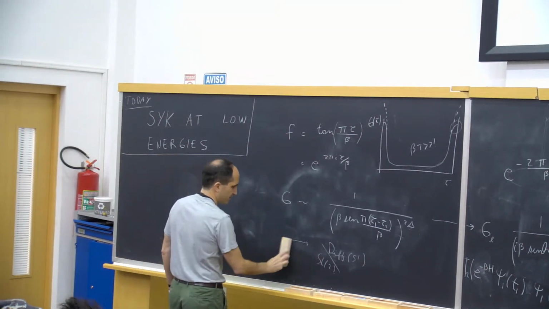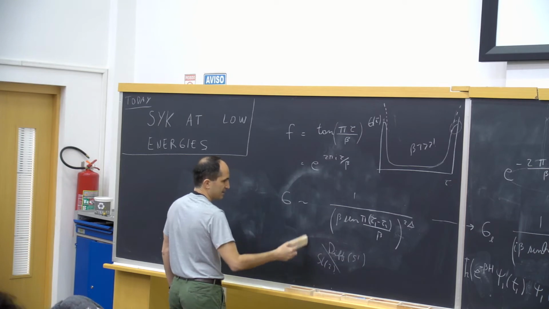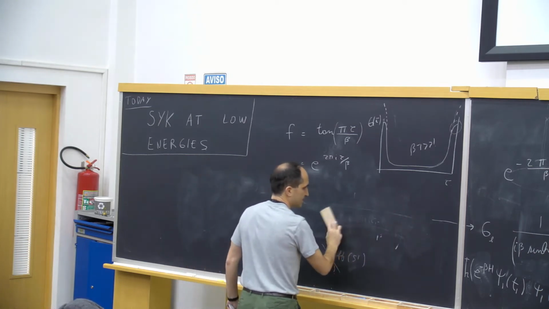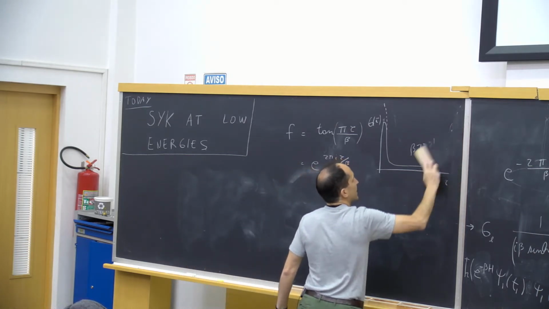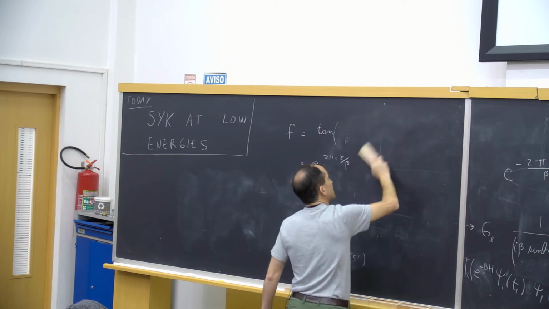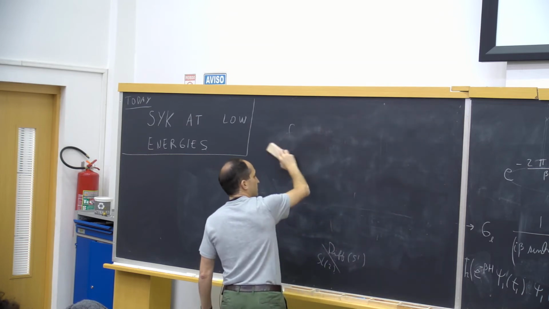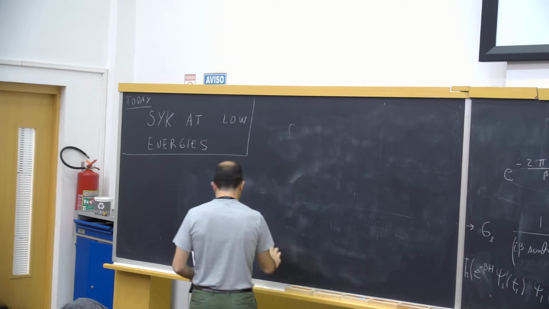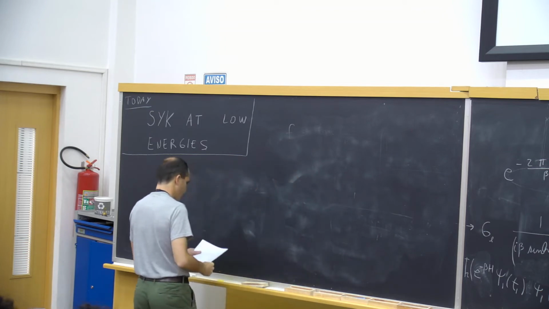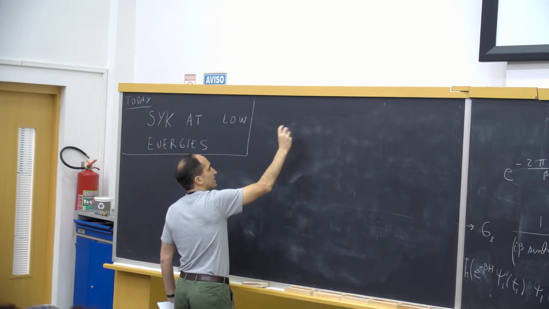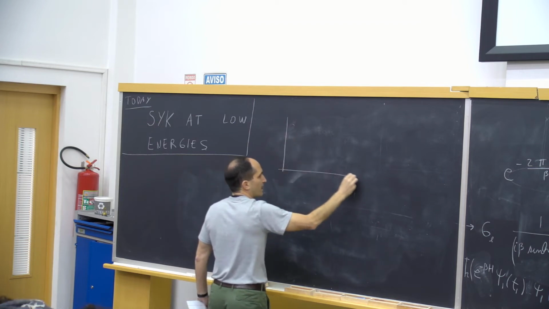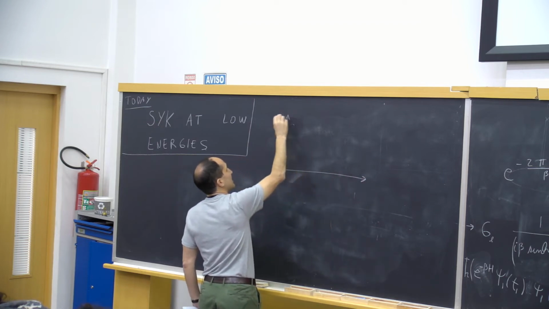So the space of 0 modes is this space. And we said that in the action, the leading low energy approximation to the action was independent of which of the 0 modes we had. So this is basically the space of G's.